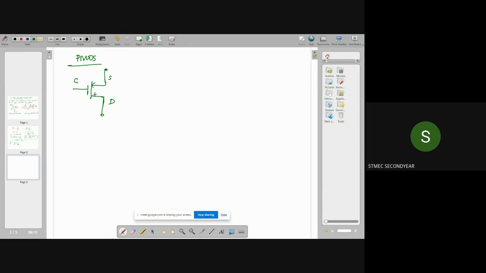I have to connect this gate and drain together to obtain a diode connected load. So this is the diode connected PMOS arrangement.